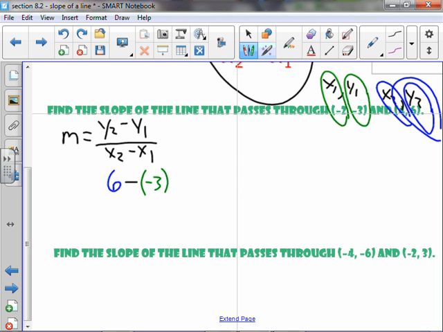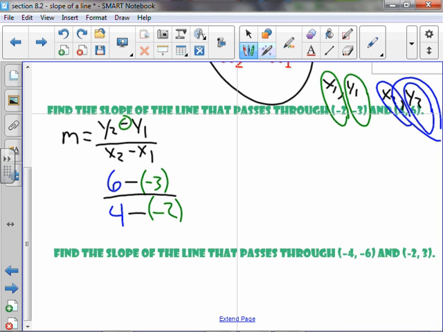This minus sign will always be there, and then it's just a matter of whether or not the number going after it was positive or negative. So right now we have 6 minus -3, and we're going to divide by x2, which is 4, and x1, which is -2. Once again, I have to remember to put in my negative sign.